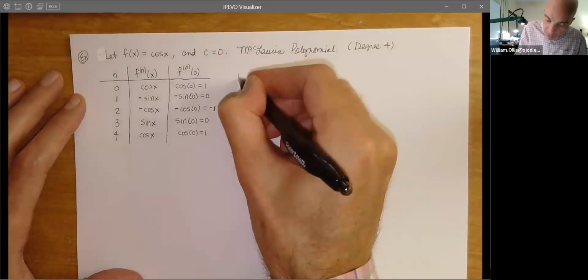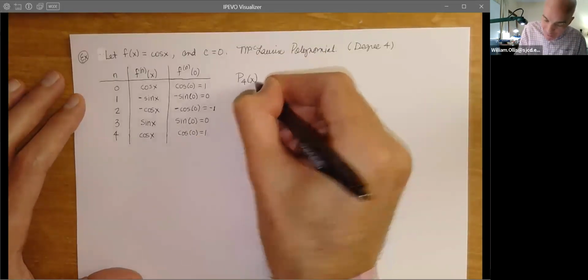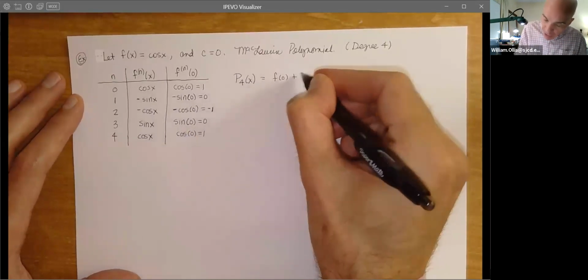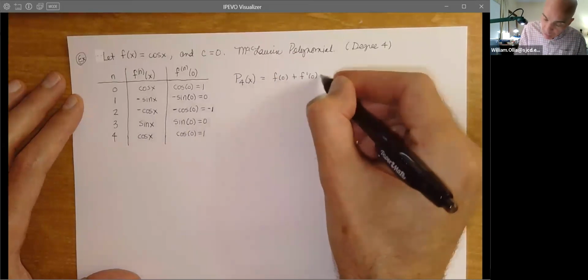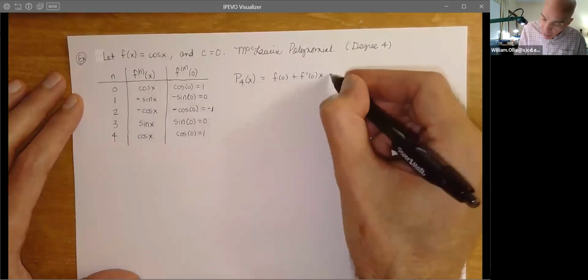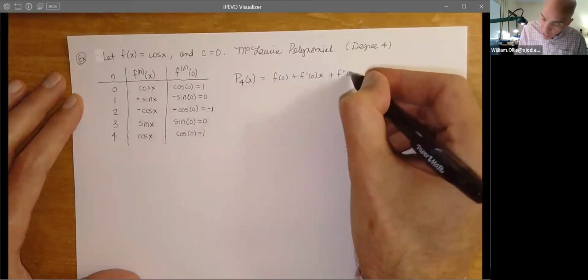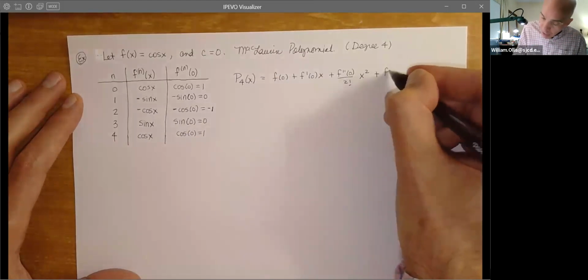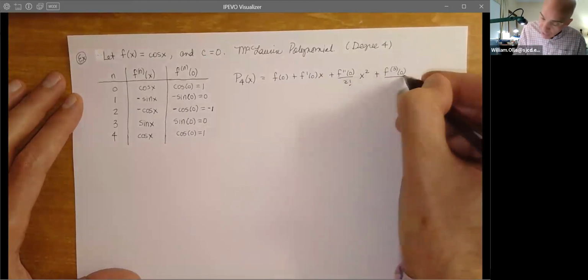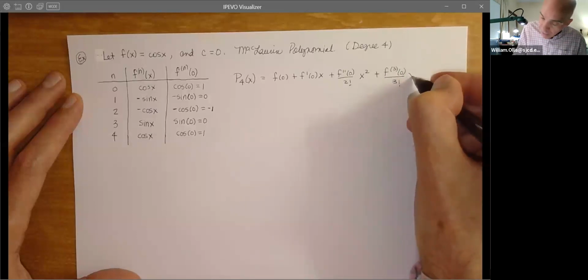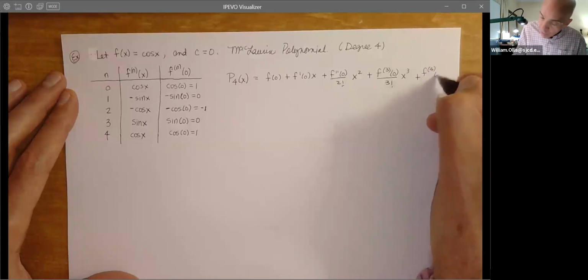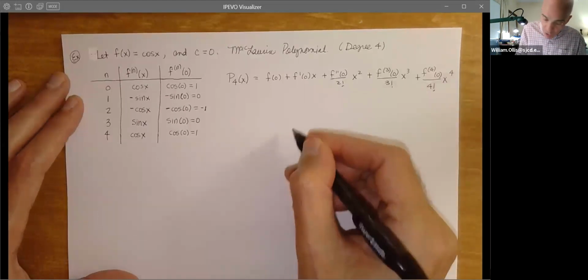So now we want the 4th degree polynomial. And this will just be f of 0 plus f prime of 0 x plus f double prime of 0 divided by 2 factorial x squared plus f triple prime of 0 divided by 3 factorial x cubed plus f 4th derivative evaluated at 0 divided by 4 factorial x to the 4th. So let's fill this in.